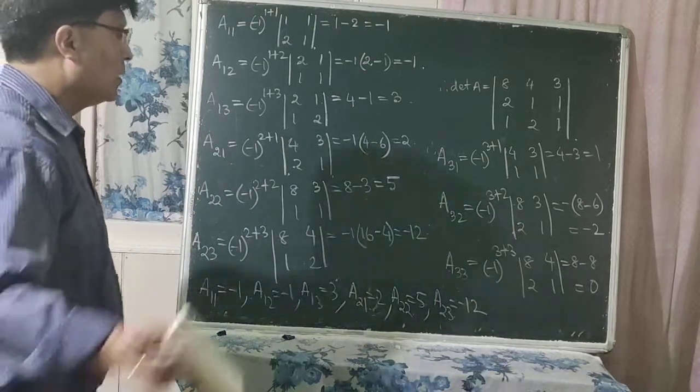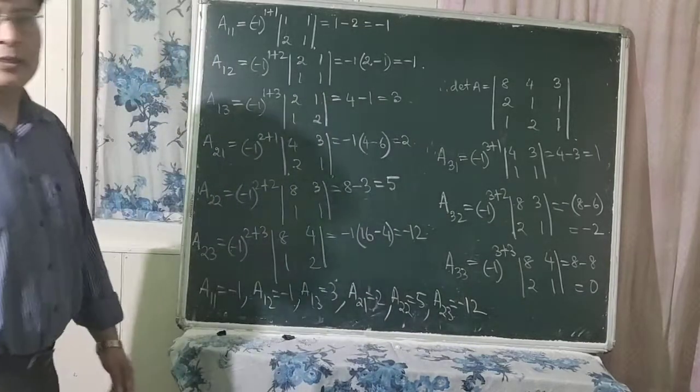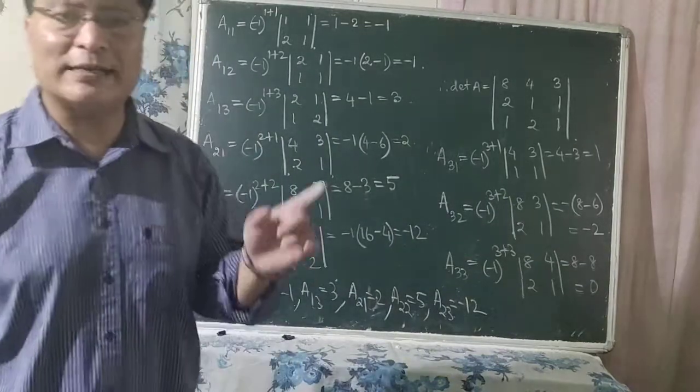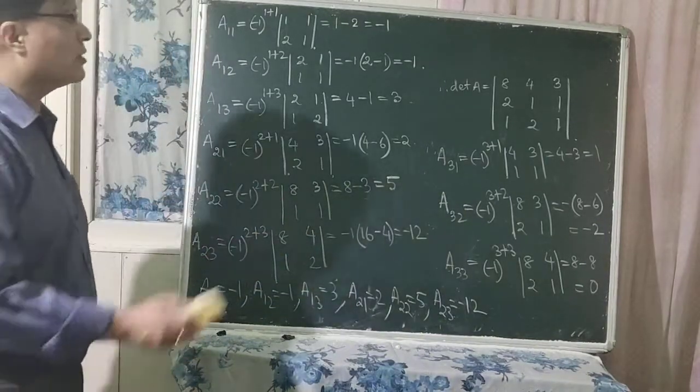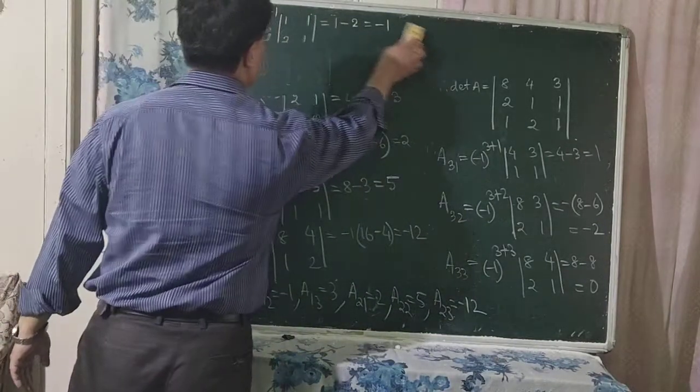Right? So now, what will you write in the next step? You have to write down the matrix B, whose elements are the cofactors of the elements of matrix A. So let us write it.